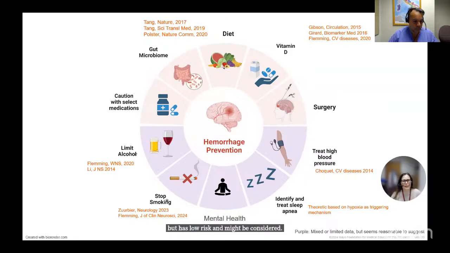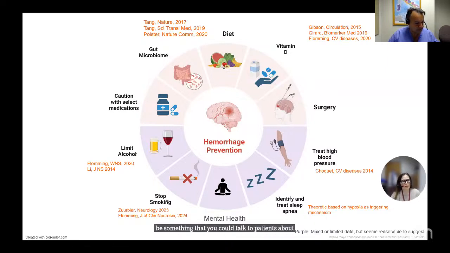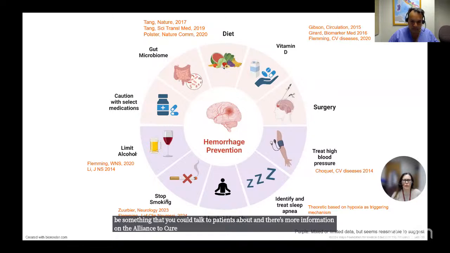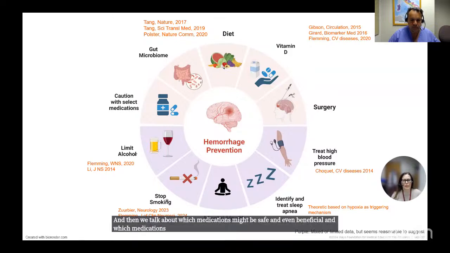There is data on the gut microbiome and a diet free of processed foods that might be something that you can talk to patients about, and there's more information on the Alliance to Cure website. And then we talk about which medications might be safe and even beneficial, and which medications might have a deleterious effect on the cavernous malformation, and I will mention those shortly.